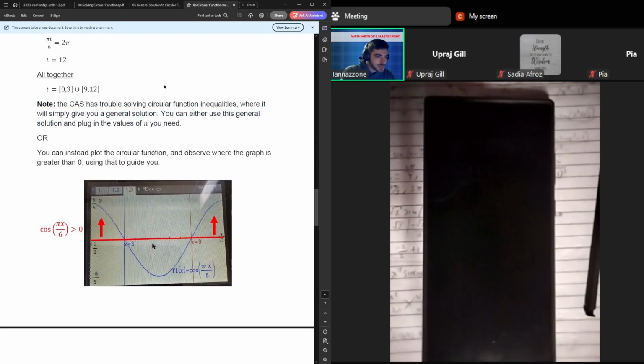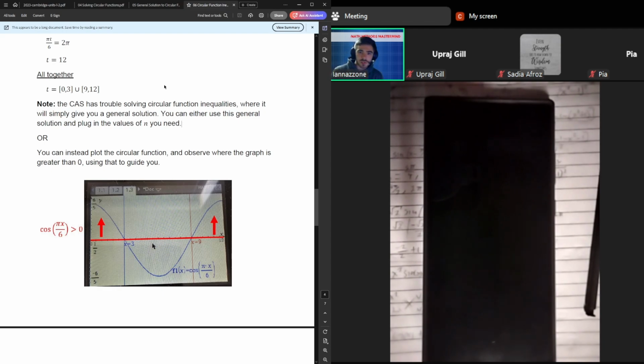I do have a quick note in here, and that is that the CAS does tend to struggle a little bit with solving circular function inequalities, even if you do restrict your domain. And what I mean by that is when you do a CAS solve specifically. So the recommendation instead is to actually graph it and solve it graphically.